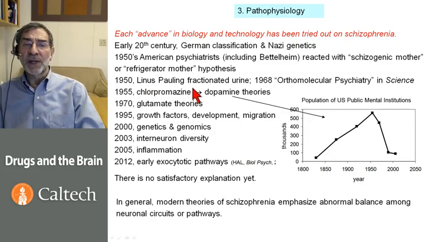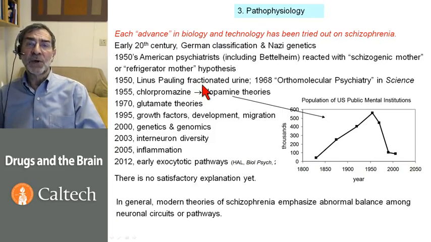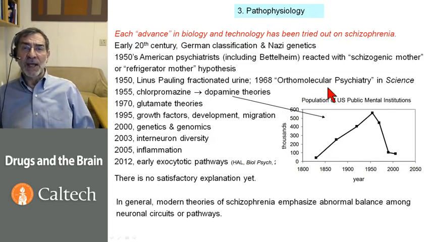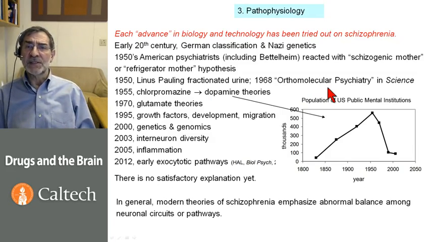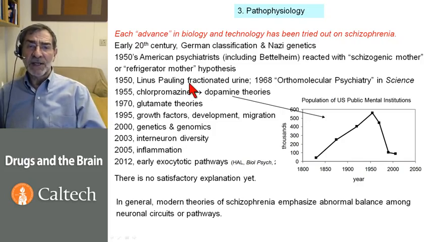That was remarkable at the time, and Pauling, who was quite audacious, had the idea that perhaps all diseases were caused by molecules. In 1968, he published a paper entitled Orthomolecular Psychiatry, in which he explained how all psychiatric diseases might be caused by small molecules. So that was his idea, and he applied the most advanced technique available at the time to that idea.